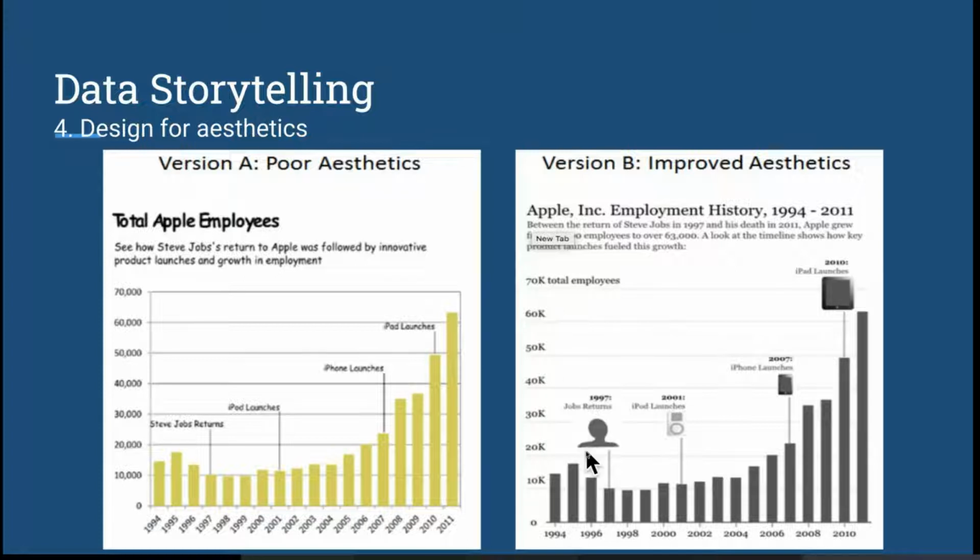And in between each key stage of the company history, there is a small informative icon where you can visualize the progression of Apple's history through its product releases. These key dates like 2001 is the date for the iPod launch, 2007 is the date for the first iPhone, and 2010 is the date for the first iPad.